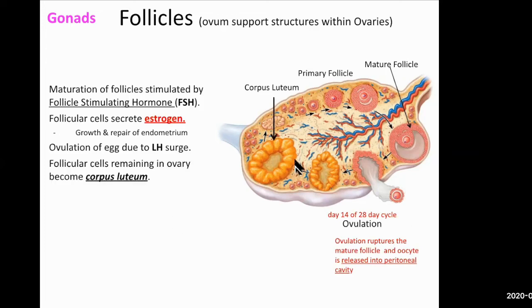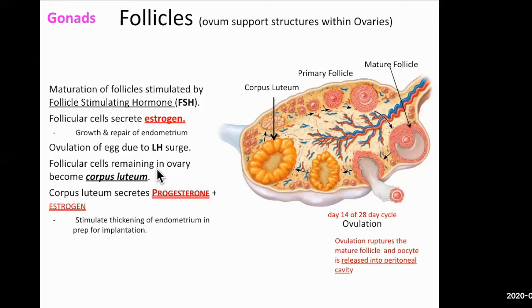After this cycle is done, the remaining follicle from which the ovum bursts is going to become another structure. It's going to turn into the corpus luteum eventually. That corpus luteum becomes a glandular structure, basically.